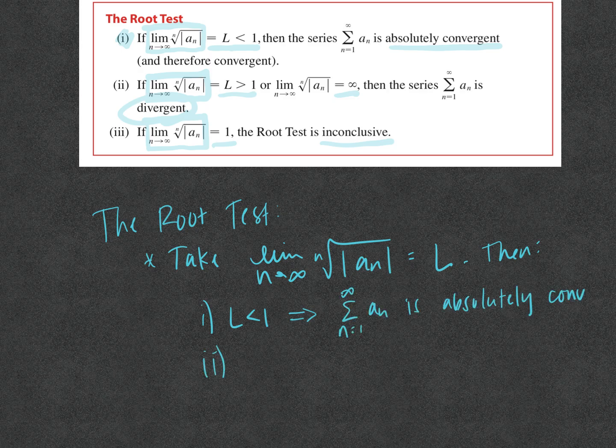Case two, if L is greater than 1, or if L equals infinity. L equals infinity is a terrible notation, but the limit would be infinity. Then this implies that the series is divergent.